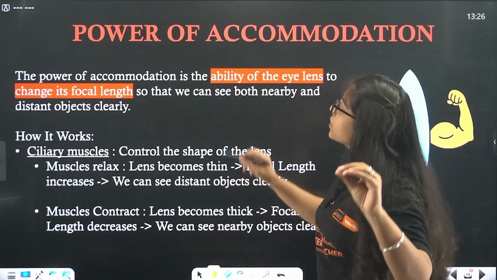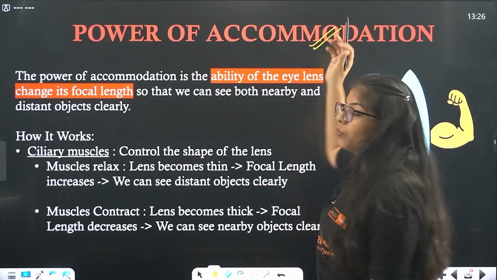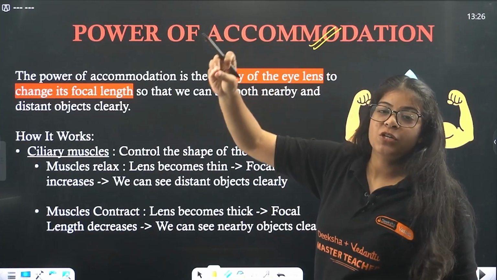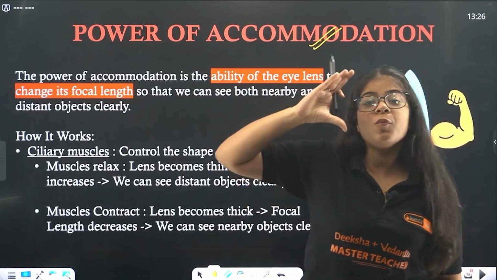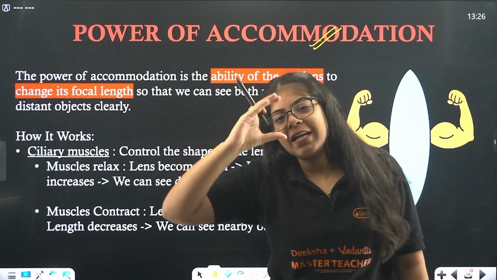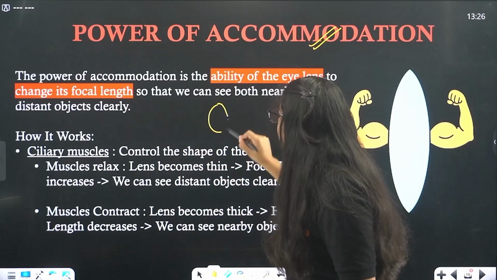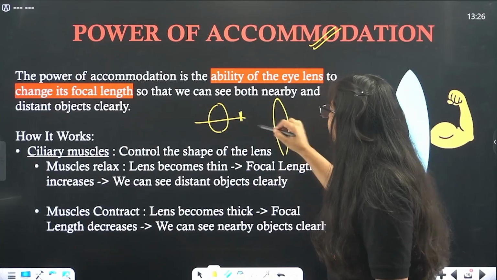Okay, this whole thing, beta, is called power of accommodation. What is power of accommodation? It is the ability of my eye lens, how much it can contract, how much it can relax. This is the lens contracted, this is the lens relaxed. So both of their focal lengths will be different, right?